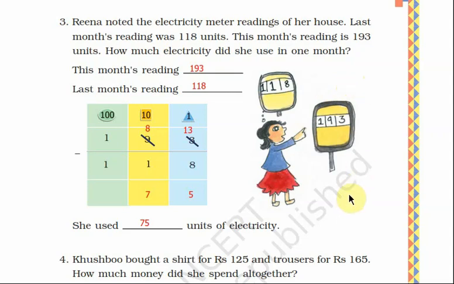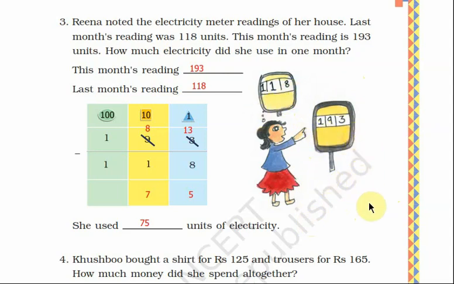So you have to find out how many units of electricity she used in 1 month. In order to find the number of units used, we have to find the difference of these two numbers, that is last month's reading and this month's reading. So you have to deduct 118 from 193.